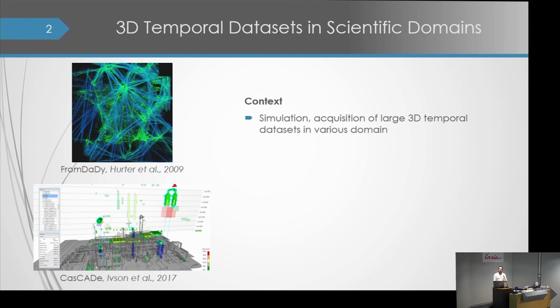So these two examples are very different examples of 3D temporal datasets, but this raises several main challenges involving this kind of data. The first one is about the diversity of the type of data that we need to handle, and the diversity of use cases as well. The second main challenge is about the representation of time.